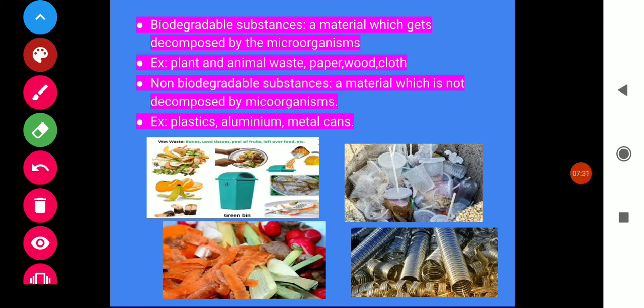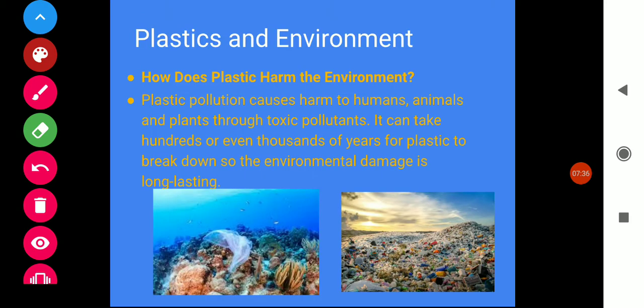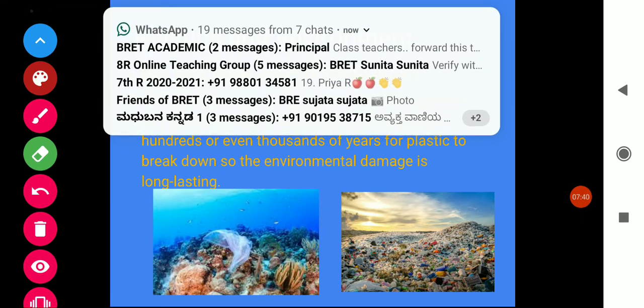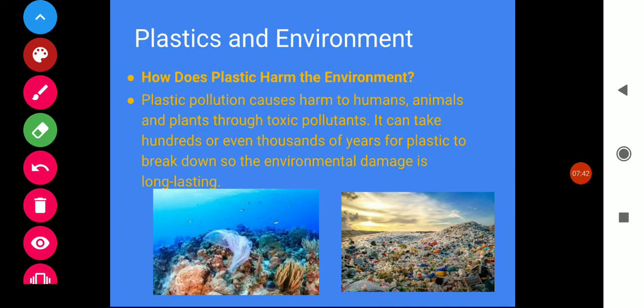So because of this non-biodegradability, this plastic will cause pollution. So it will affect the environment. So how will it affect the environment? It will cause pollution. So this plastic will take many years to decompose. It is not environmentally friendly.